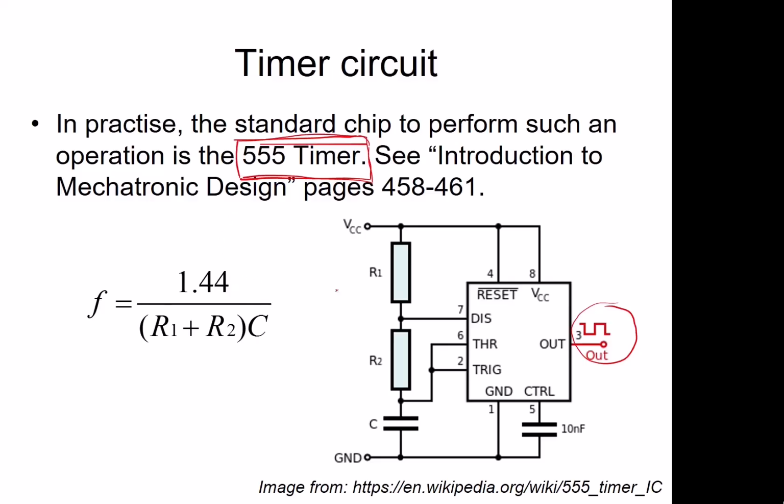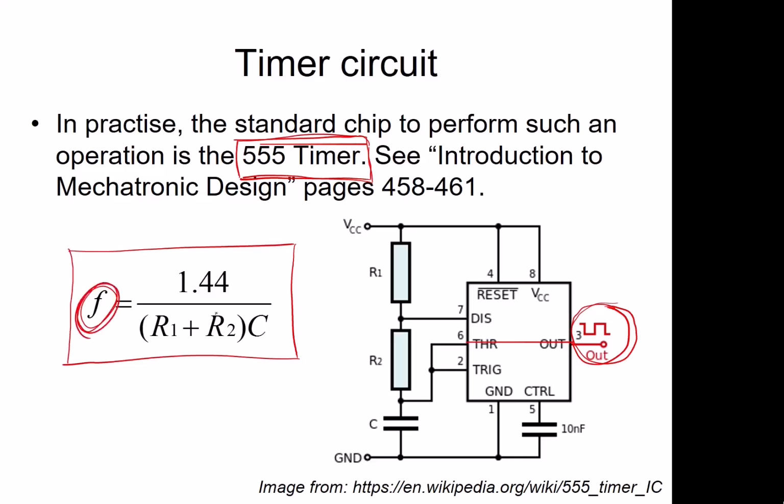And in terms of how fast you want these oscillations, that is your choice, because each of these chips comes with effectively a design equation. So you'll have to look on the data sheet for your specific chip. For a given frequency that you want, you just choose suitable components, and these get connected externally to the chip. And then this gives you your pulse signal that you can use for timing.